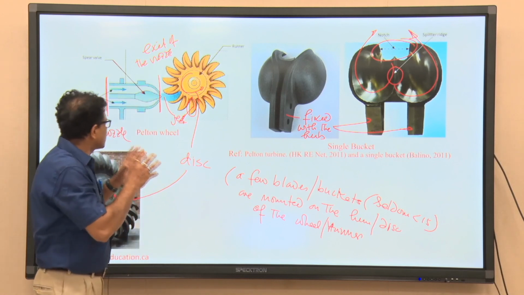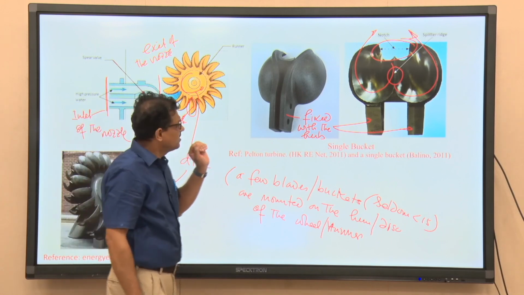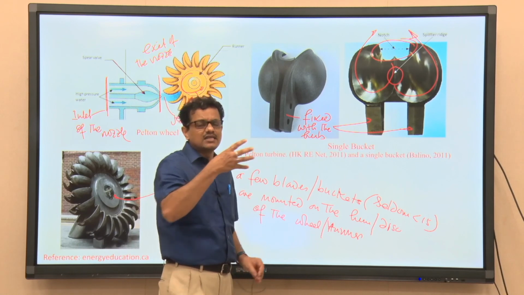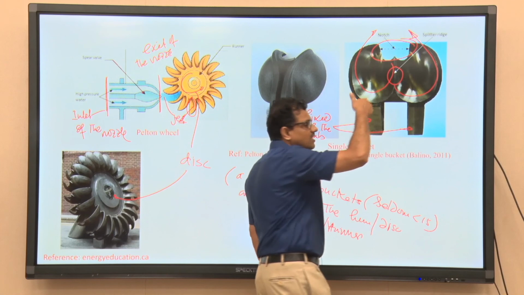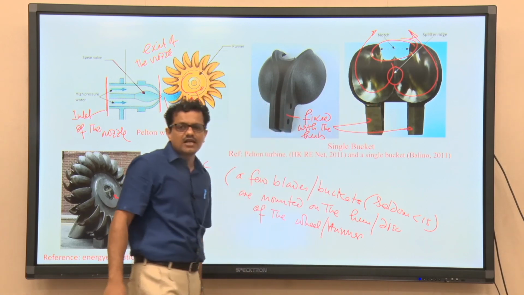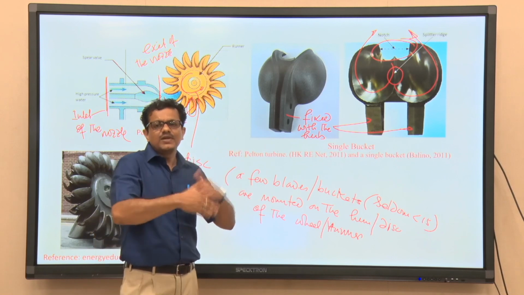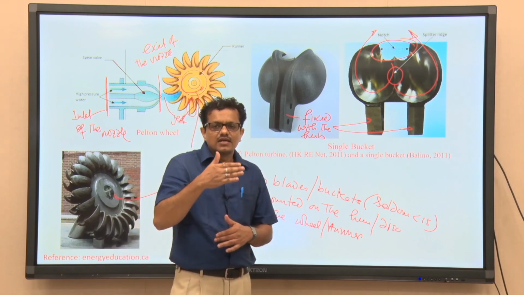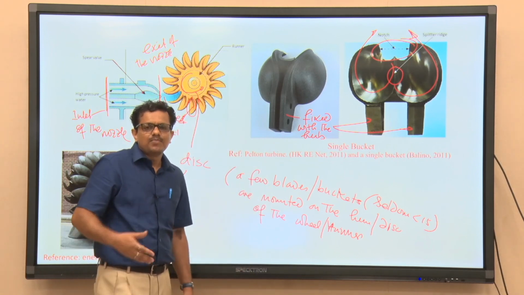Then we have discussed a little bit about the blading or buckets of the hydraulic impulse turbine. We have also briefly touched upon that the incoming jet will strike the blade and, because of the geometrical configuration of the turbine blades or buckets, the jet will come out. There will be a change in momentum due to the deflection of the jet created by the blades or buckets, and we will be getting power output.